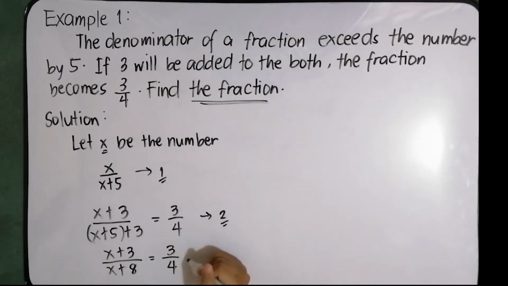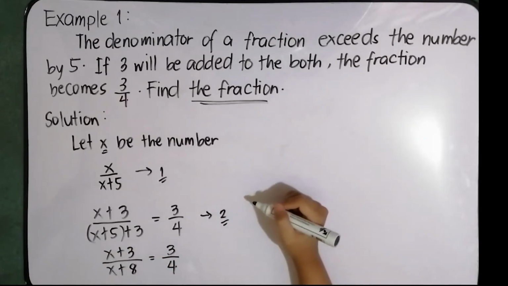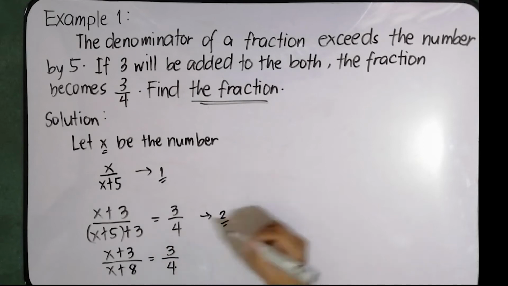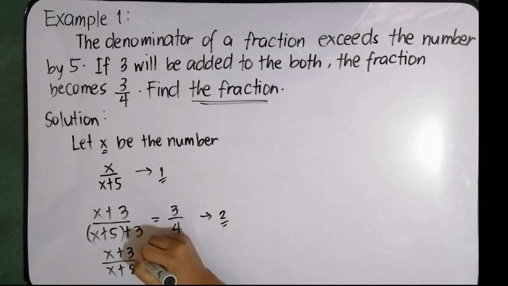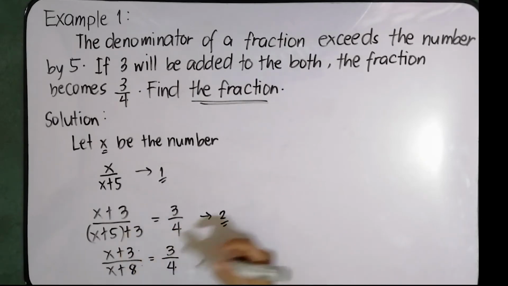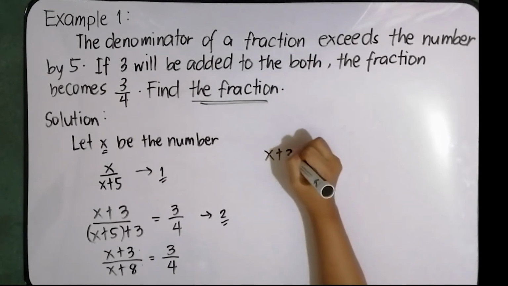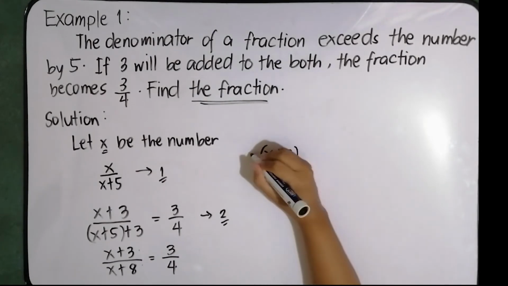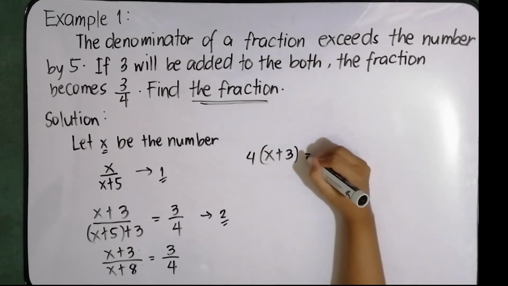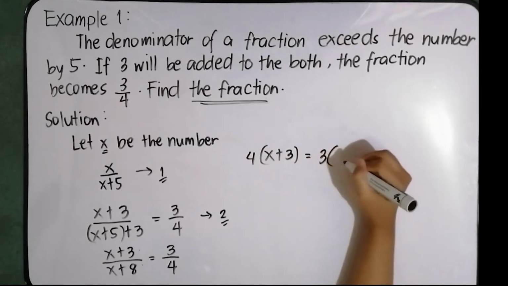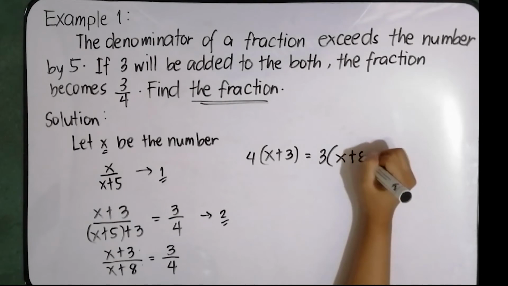So now let's solve for the value of x. We have to cross multiply these fractions. So we have x plus 3 multiplied by 4 equals 3 multiplied by x plus 8.